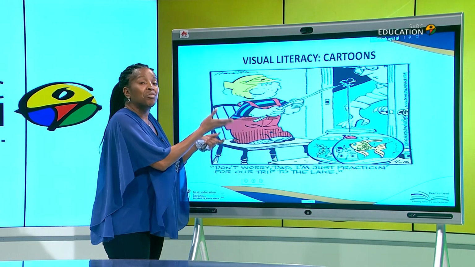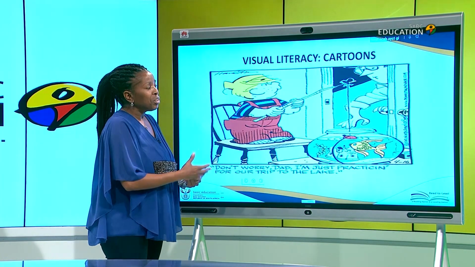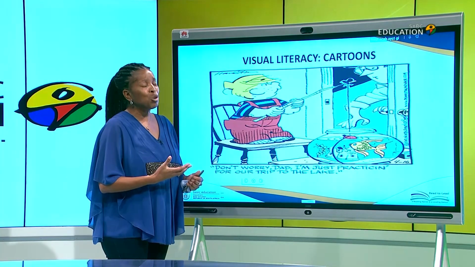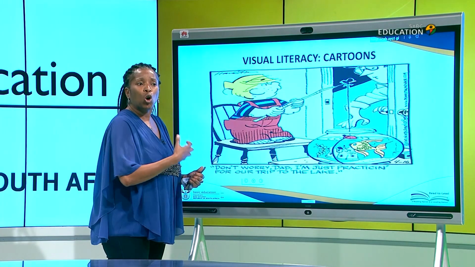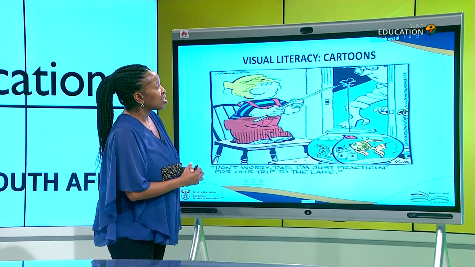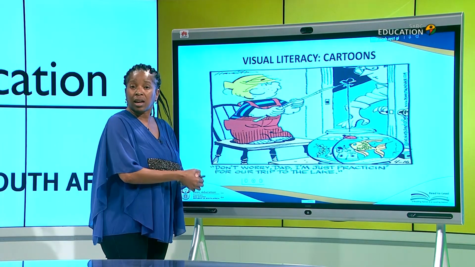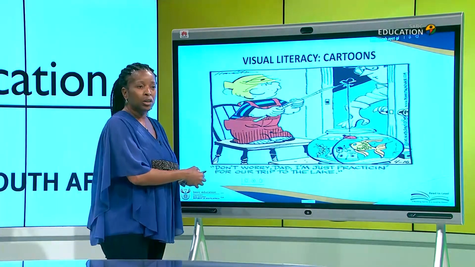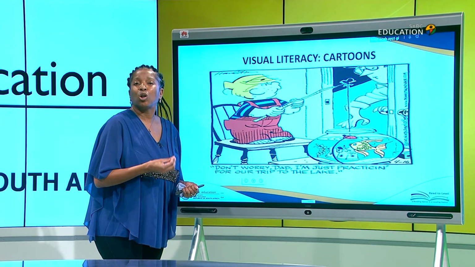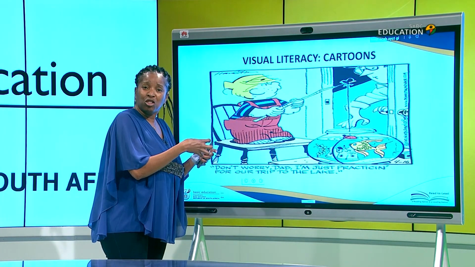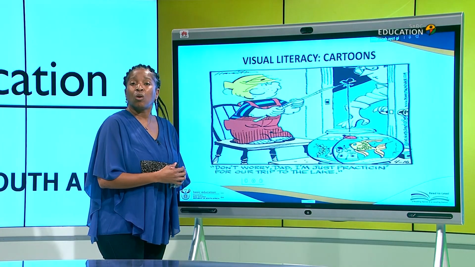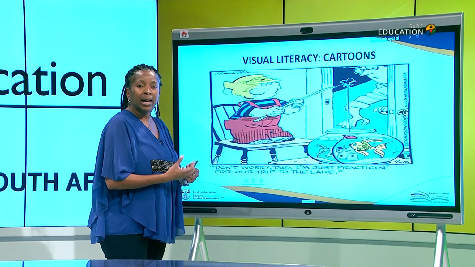Also, can you infer meaning? When you infer meaning, you basically come to conclusions about certain aspects of the text itself. Remember, you also need to know how to make connections. You also need to know how to evaluate a text.